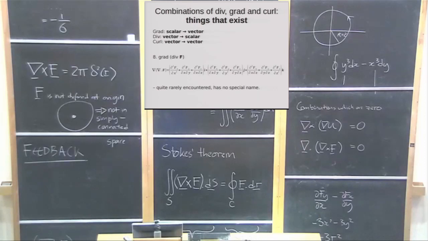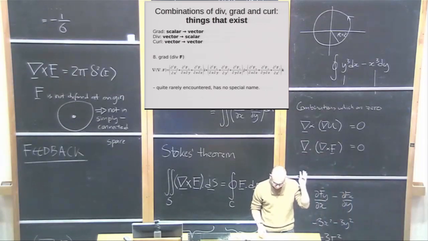These things are all written down in the notes in case you were rushing to try and write that down. There is grad of div of some vector field. So grad of div of some vector field is given by this expression here. It does sometimes come up, but really rarely. You might probably get away with never encountering this ever again. It's so rarely encountered that it actually has no special name, apart from being called grad div. And that's the expression for it. Don't bother writing it down.